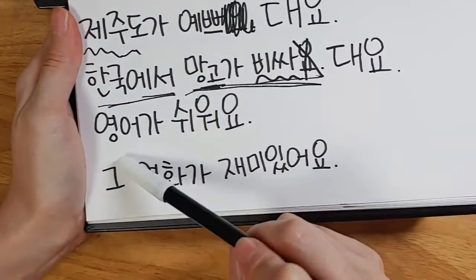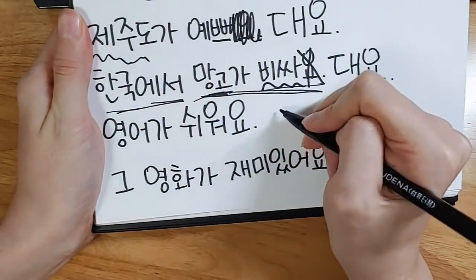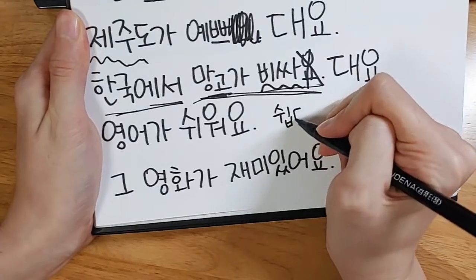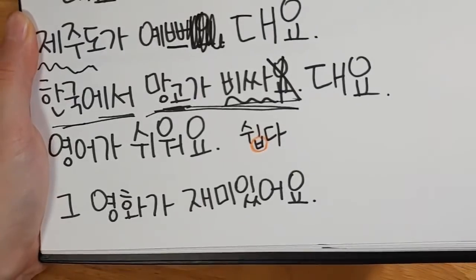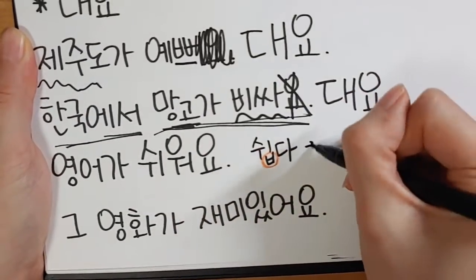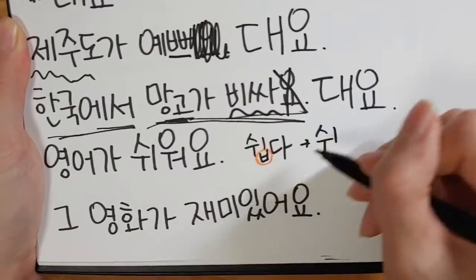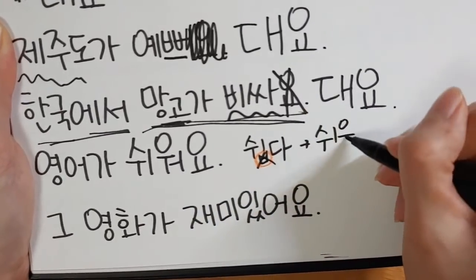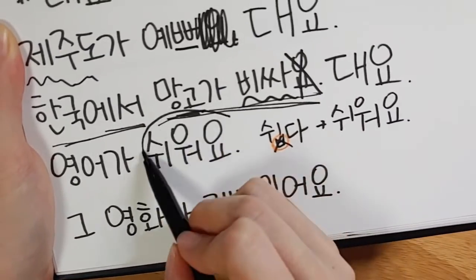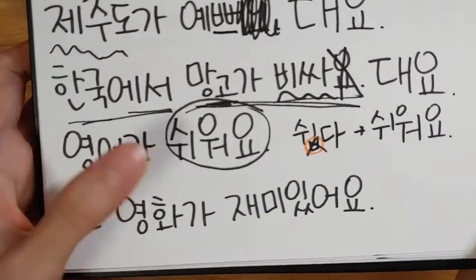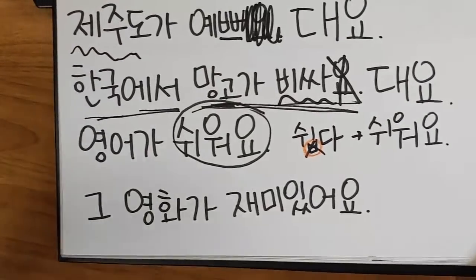When you say 영어가 쉬워요, we learned 쉽다's conjugation rule, right? When an adjective ends in 비읍 받침, it follows its own rule. So when it's conjugated in present tense, 비읍 gets deleted and you put an extra 워. That's how 쉽다's present tense is 쉬워요. So 영어가 쉬워요 means English is easy.